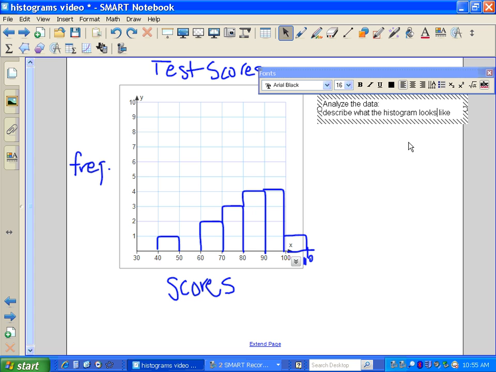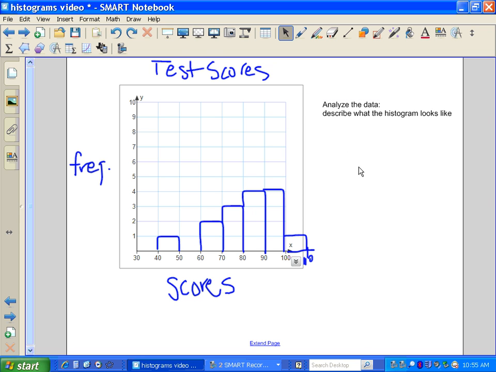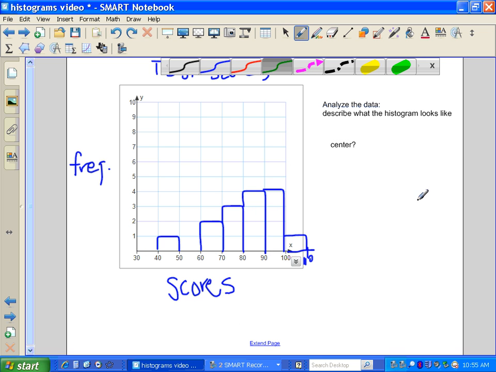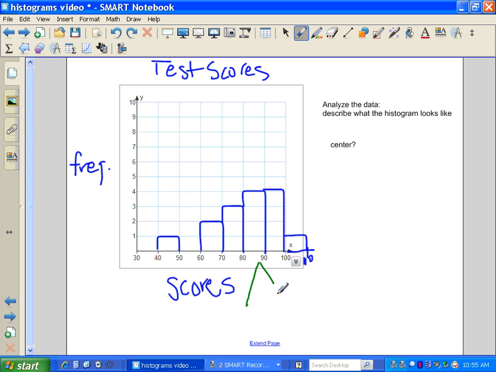Well, when we describe what it looks like, we talk about where the center of the data is. If you look at this data here, it looks like we could balance this data maybe around 85 to 90 or so. Remember, these are heavier here, these are lighter. So if we wanted to put this on a teeter-totter, we could maybe say the center is around 85.